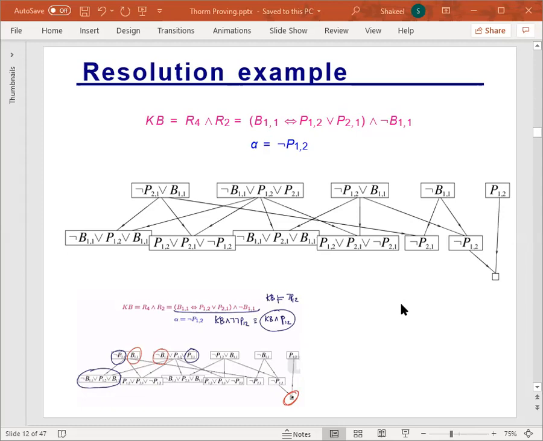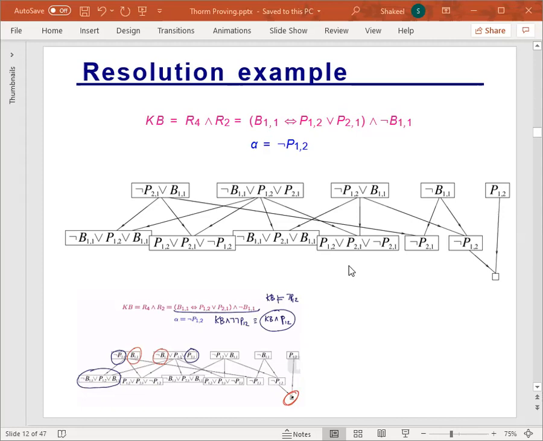We do the same thing for the other pairs, obtaining this one by resolving these two terms, and so forth. We take all pairs, and as we keep resolving, the process goes on.